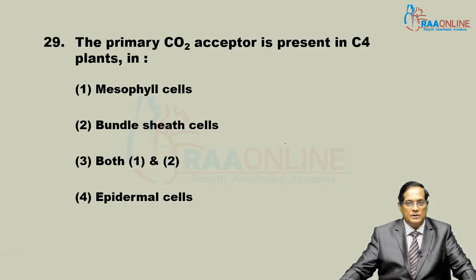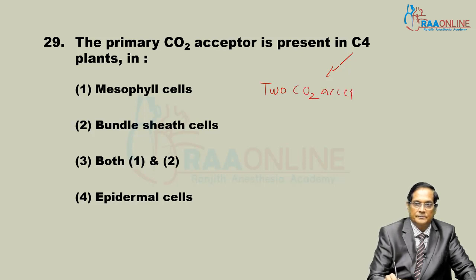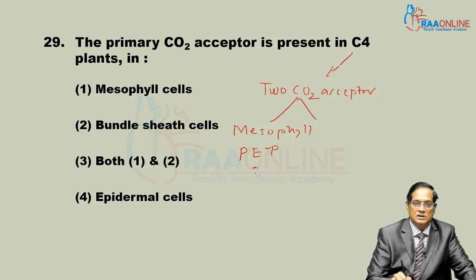Primary acceptor of carbon dioxide. There are 2 CO2 acceptors in C4 plants. In the mesophyll cell of the leaf, PEP is there, phosphoenol pyruvate, a 3C compound.